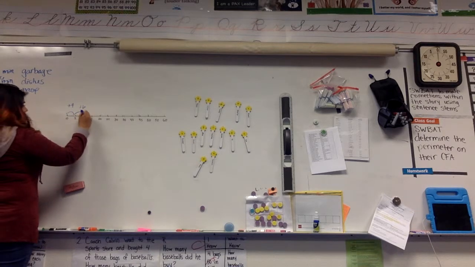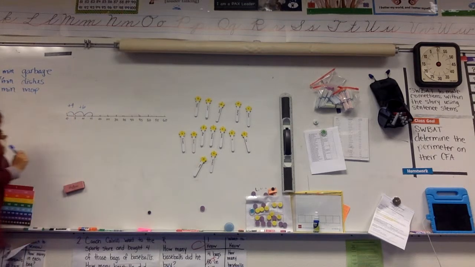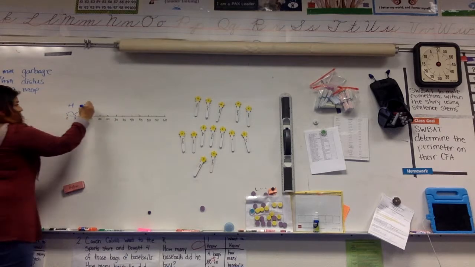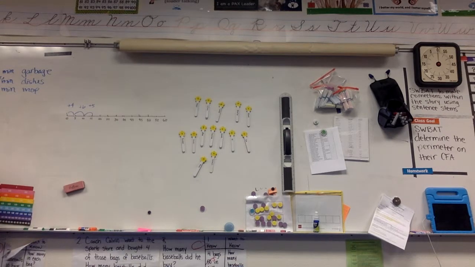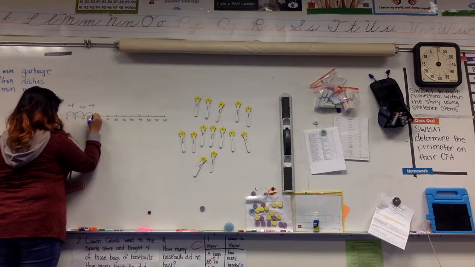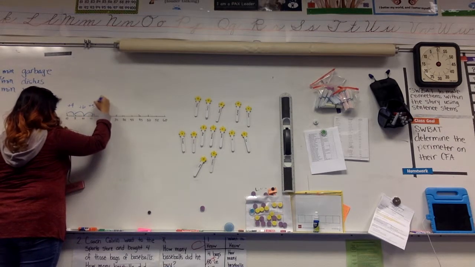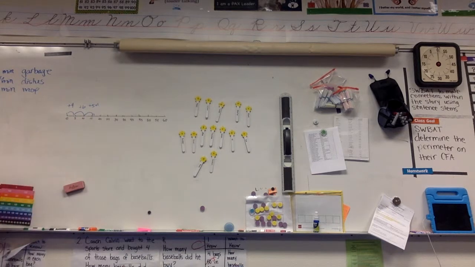Okay, how much is it from here to here? 5. So we're going to add a 5, and then we're adding 6. Remember, 6. You added 5. How much more do I need to add? 1. So just a little 1. There we go. Make sure you're writing your numbers at the top so you know what you're adding.